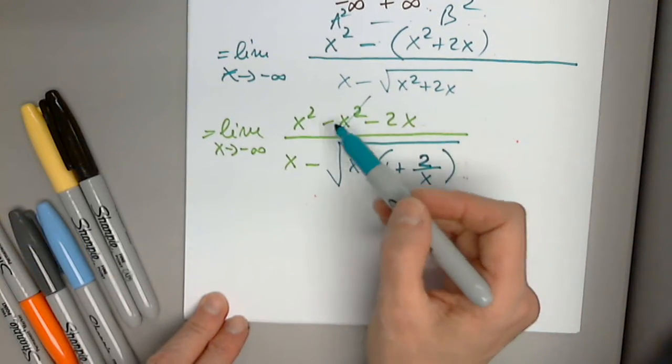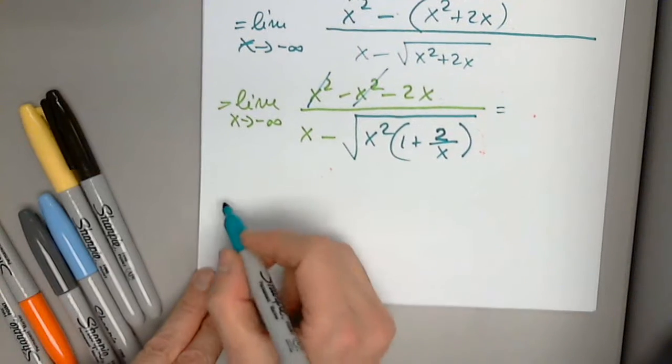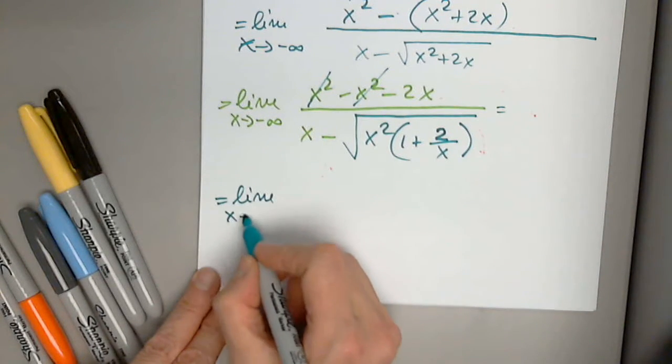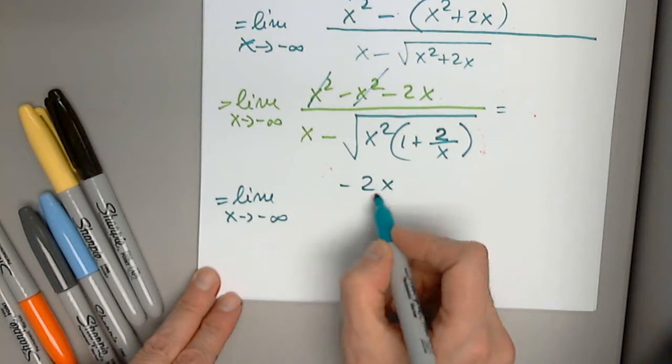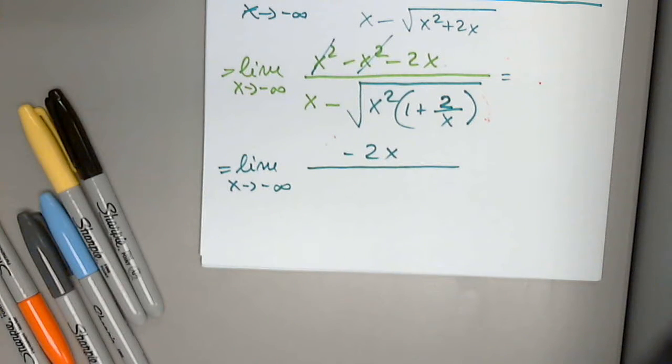In the meantime, I can cancel these two because one is positive and one is negative. So limit as x approaches negative infinity, the top is negative 2x. I have to stop. I have to copy x. Do not copy anything else. The square root of x squared is our next step.